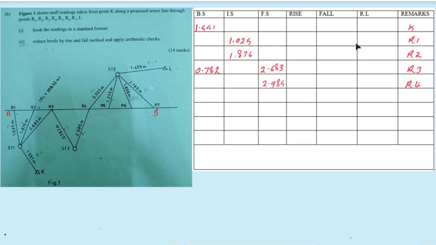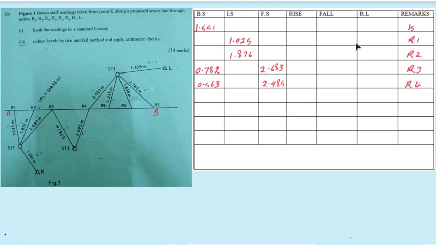Then at this reduced repo at 4, we have a back site of 0.563, because the instrument has been set at station 3.